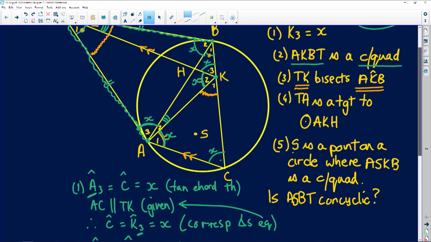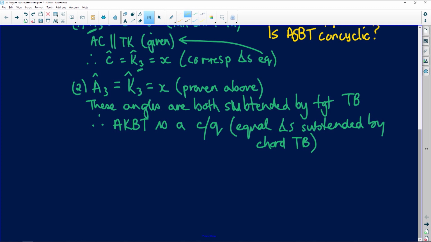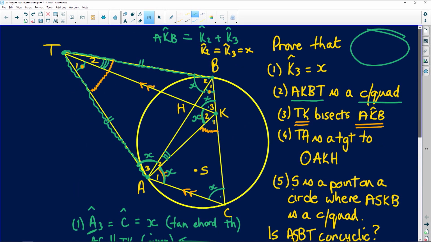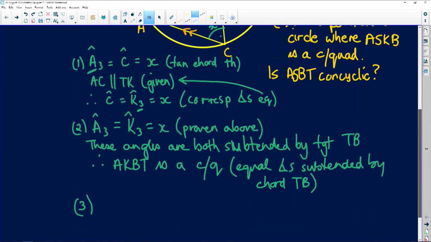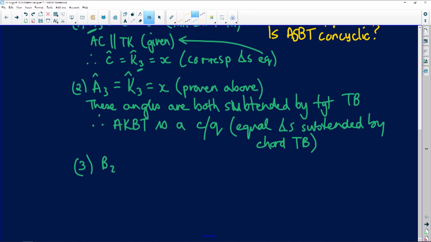Okay, so we saw now that K2 became equal to B2. Why? Angles in the same segment. So that's where our argument is going to start. I'm going to go down, and I have to go up and down here for a while to get back to my diagram. So we said that angle B2 is equal to angle K2 is equal to x. Why?